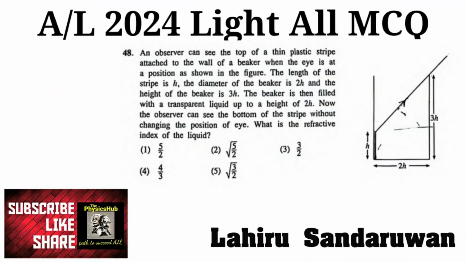Then question number 4, it is the 48th question of the 2024 paper. An observer can see the top of a thin plastic strip attached to the wall of a beaker when the eye is at a position as shown in the figure.